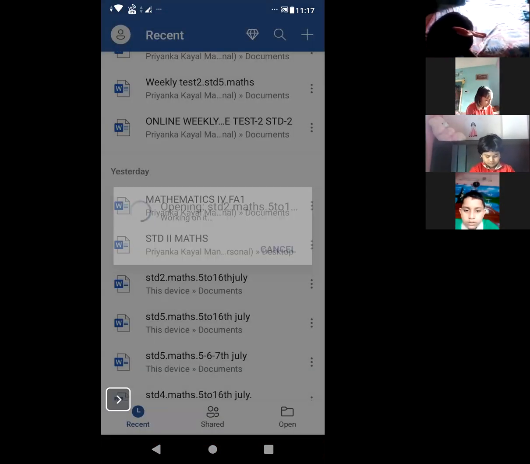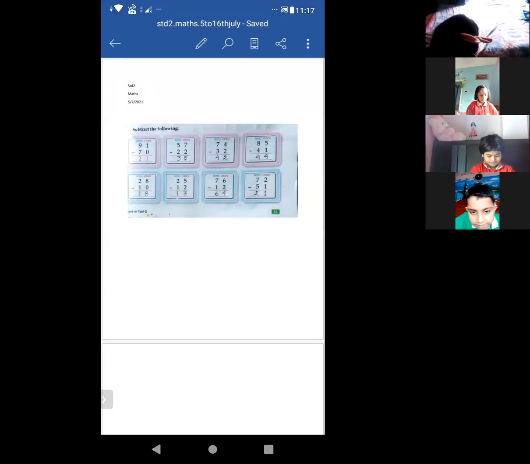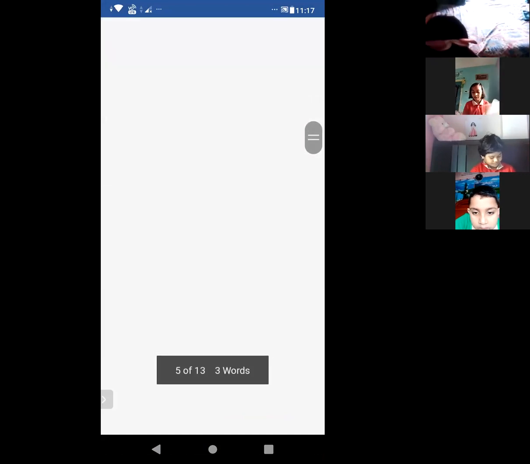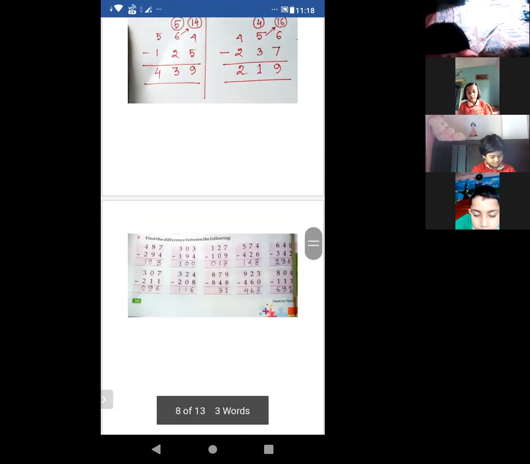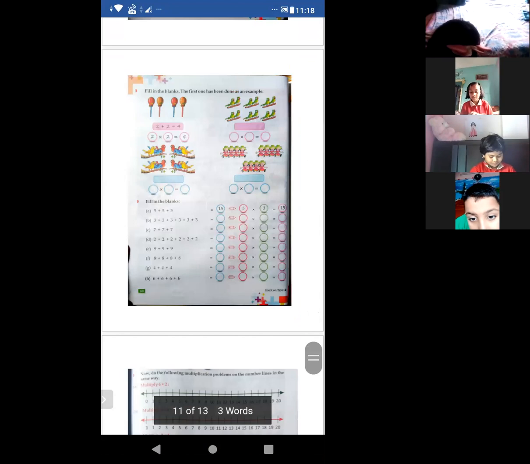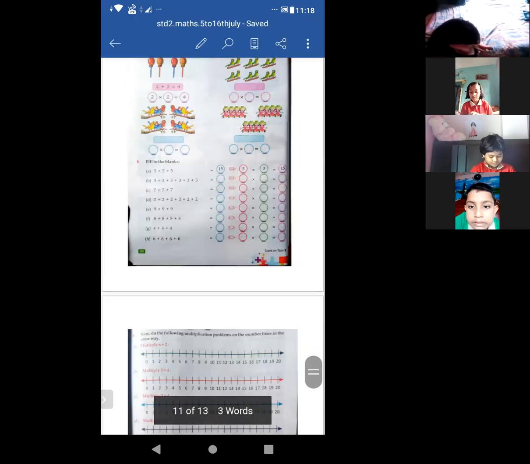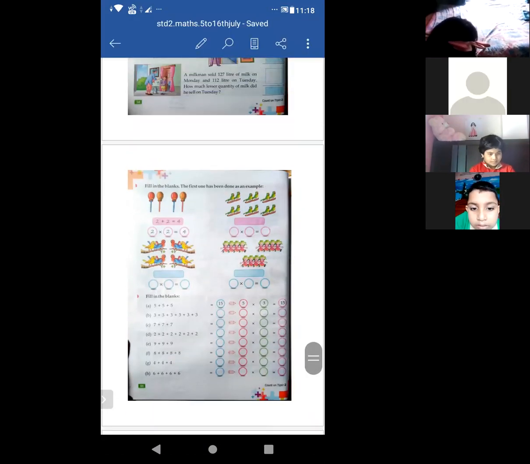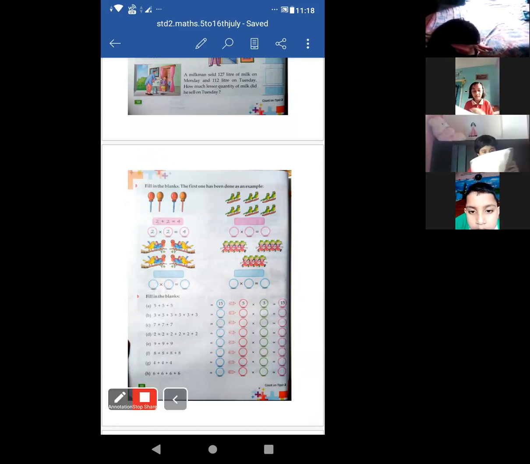Look, multiplication, yesterday I started, right? This page number 60, only the first one I started. I have not completed the full page, right?